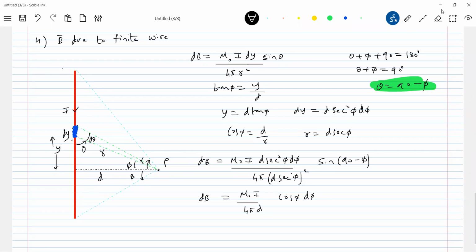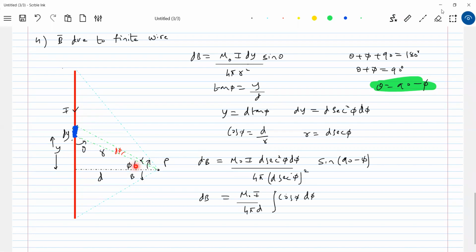Now what should be the limit? The limit here, d phi is this particular d theta. This is what is needed for us. Now, as I vary phi from 0 to plus alpha, I'll get the field strength at point P due to the upper segment of the wire.